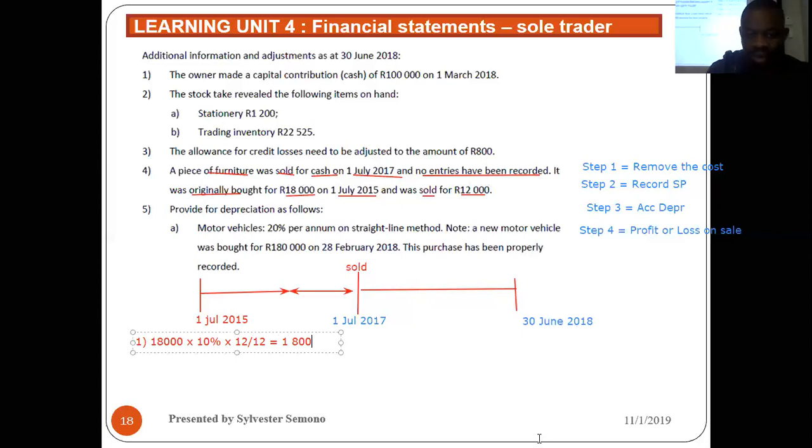Year 2, meaning the one that ends 2017, is going to be 18,000 minus the first 1,800, because we're using diminishing balance, before we multiply by 10%, times 12 over 12. That gives $1,620.